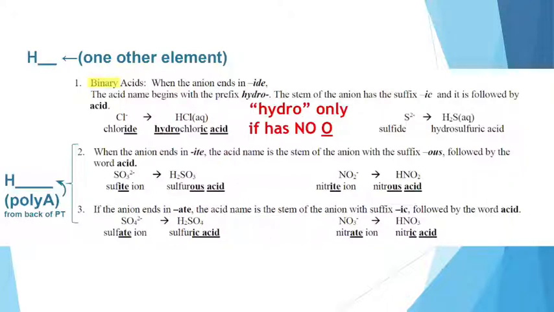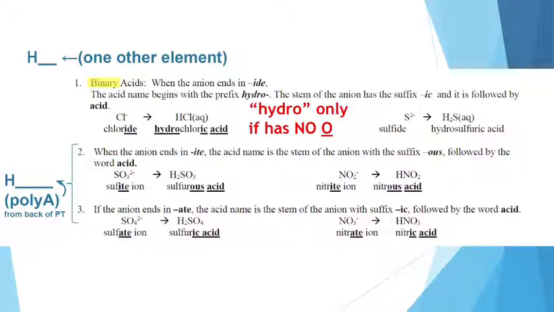So you can remember hydro when there's no O. Because remember, these polyatomics that we have that might go with our hydrogen here in these last 2 types of acids tend to be a group of an element with some oxygens with it. So hydro is used at the beginning of our formula with those binary acids when there's no O's.